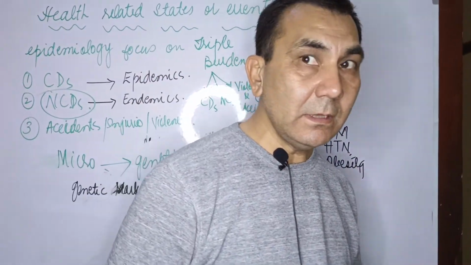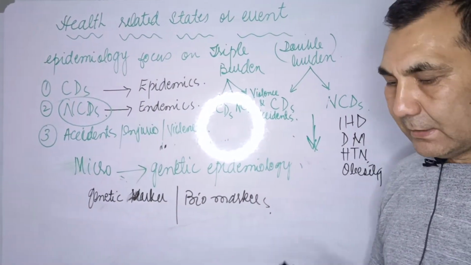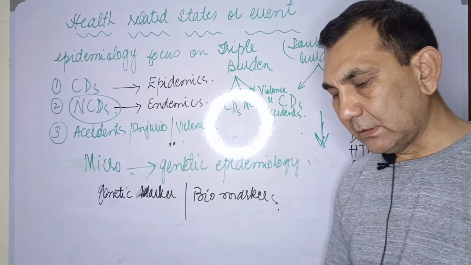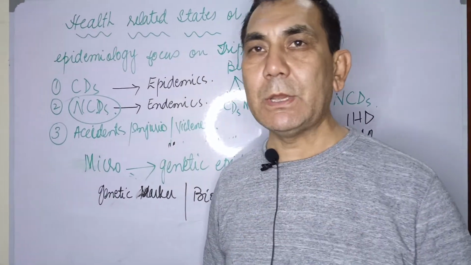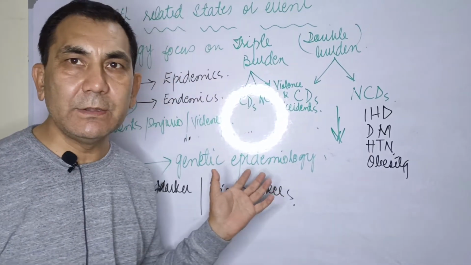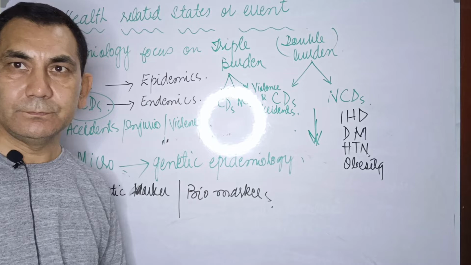By identifying the biomarkers or genetic makeup, they are making plans, strategies and preventive measures for how to prevent diseases in a particular population.